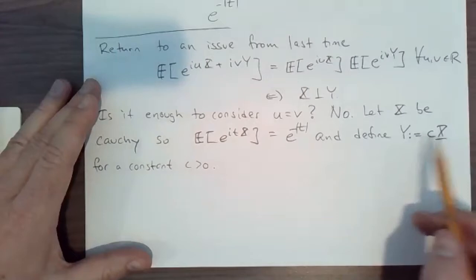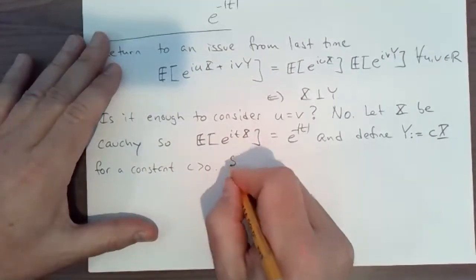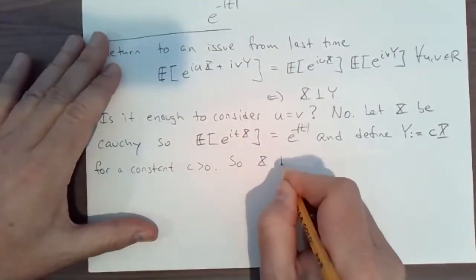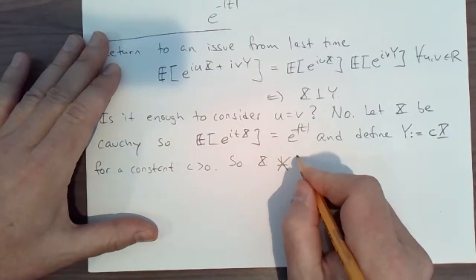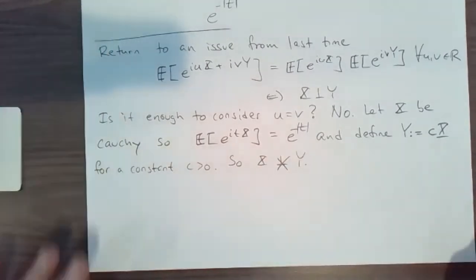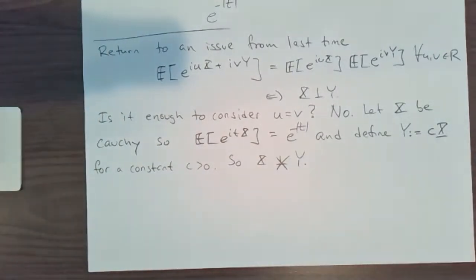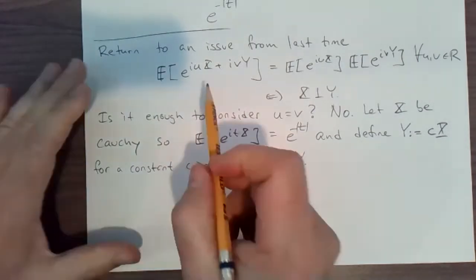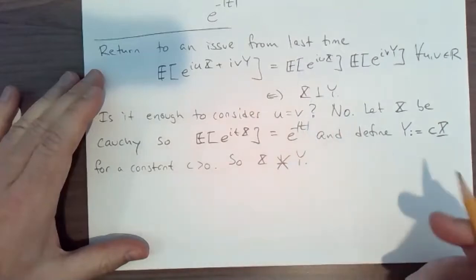Now X and Y are not independent, because one is exactly a constant times the other. But what about the left-hand side when u is equal to v?